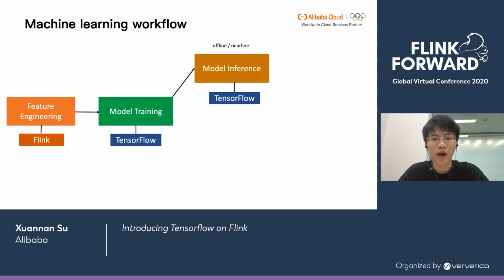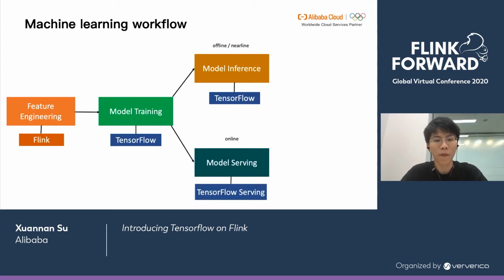Here we are talking about latency above a second. And if you're looking for low latency online inference with latency at milliseconds, you may want to use TensorFlow Serving. Both of them will produce some prediction results that can be used for other services.